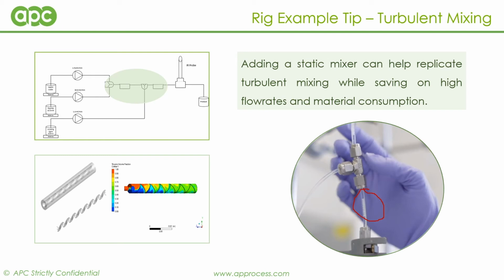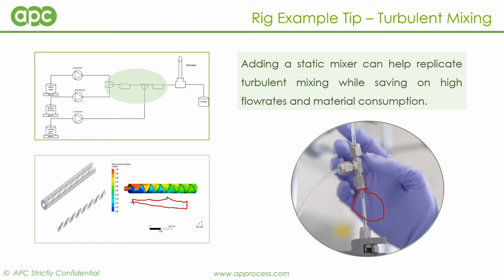So on the left-hand side, there's a CFD image, which I'll just highlight. This CFD image shows you that when you have two opposing streams entering, which don't mix very well, you can see here in the red and the blue, the streams are extremely separate, which leads to the poor yield. So once they hit this static mixer, you can see that there's a disturbance in the flow, and it's creating a better mixing environment for the two streams.